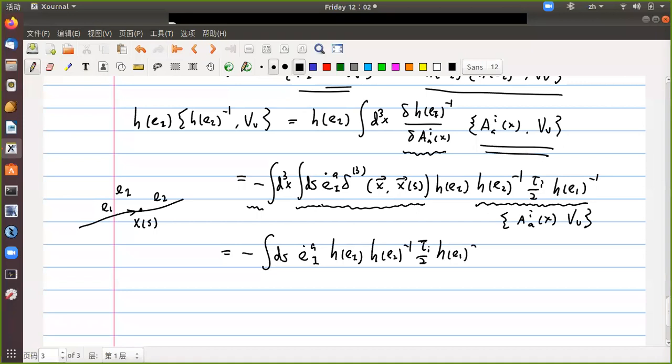e1 inverse. Well, I can combine this tau half with this Poisson bracket. So I can just replace this A by the matrix A, but I have to insert this Poisson bracket in the middle because it becomes a matrix.